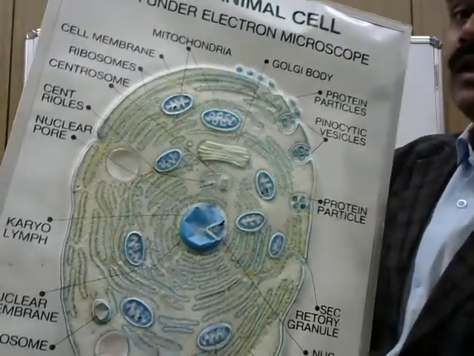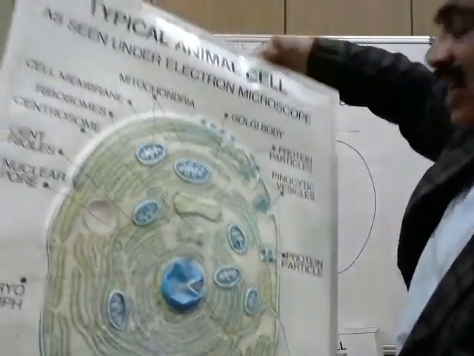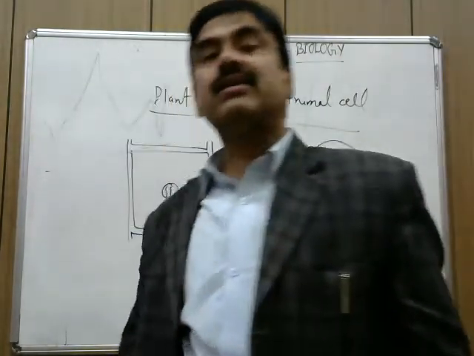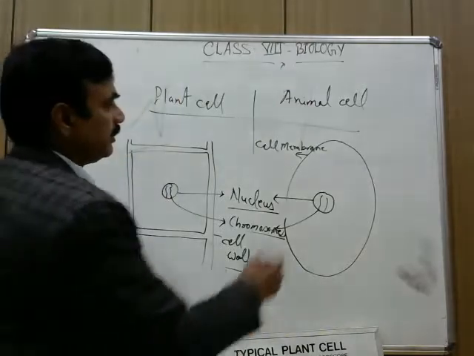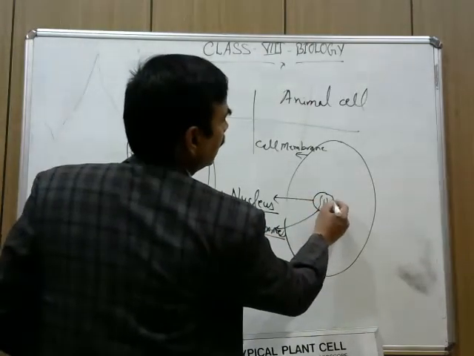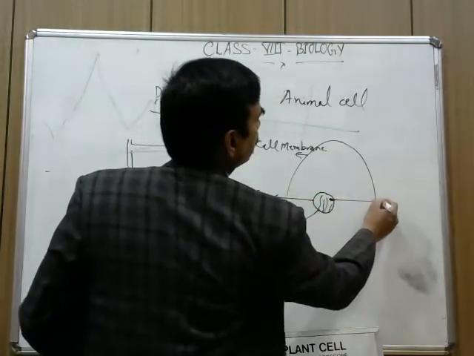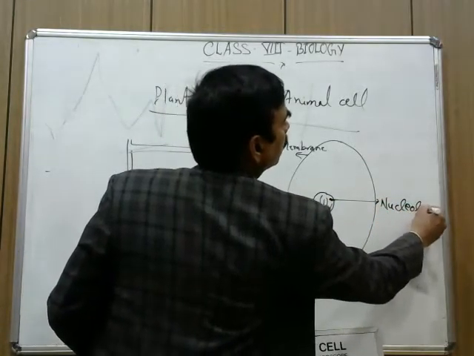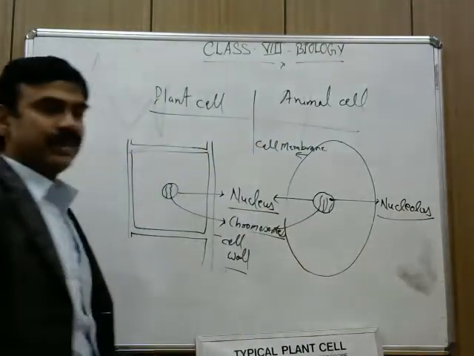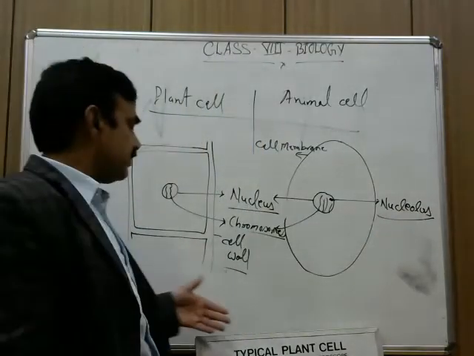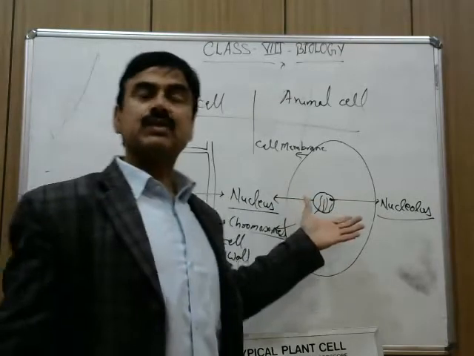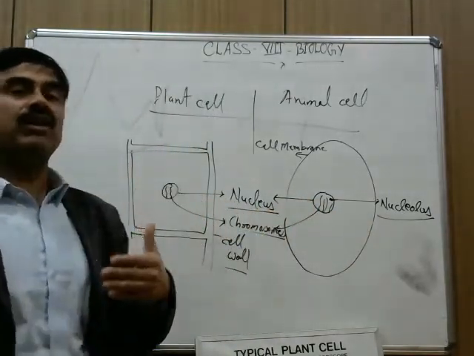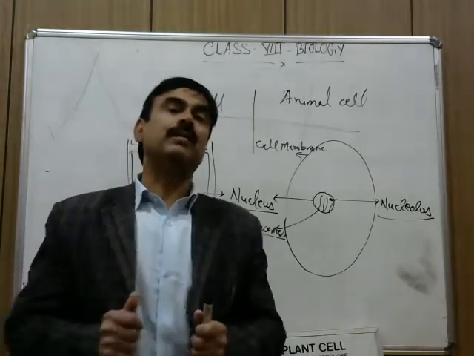Now moving to the structure of this animal cell. When you look at the structure, the thread-like structure is this, and the spherical structure which is called nucleolus was not given in this fixed model. So nucleolus is responsible for synthesis of protein. There are three cell organelles which are doing protein synthesis.